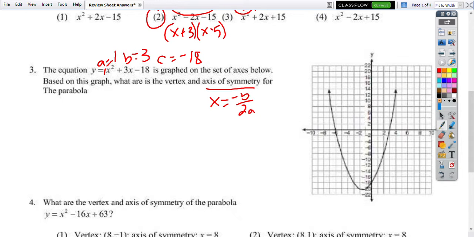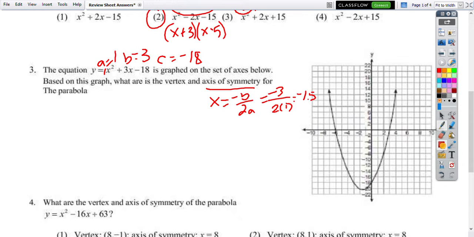So if we plug into our formula, -b over 2a, we're going to get negative of 3 over 2 times 1, and that's going to be -1.5. So that's the axis of symmetry.